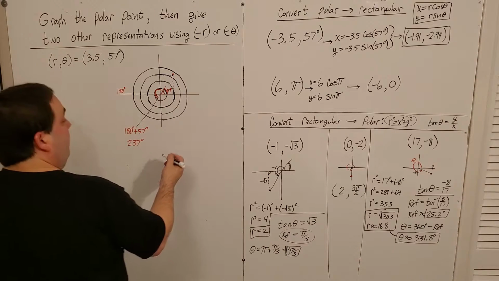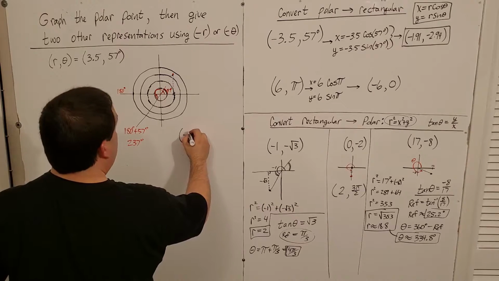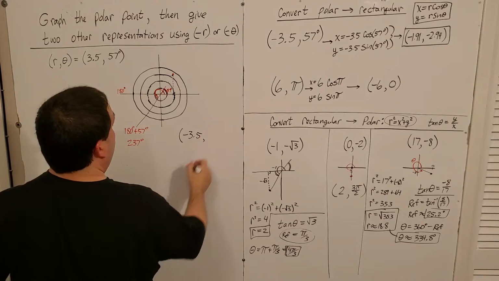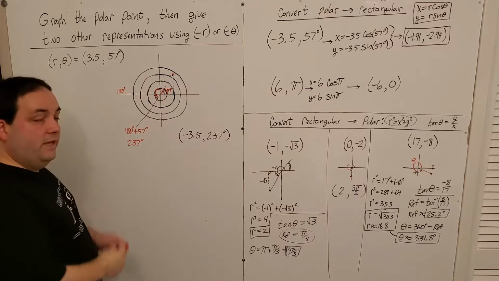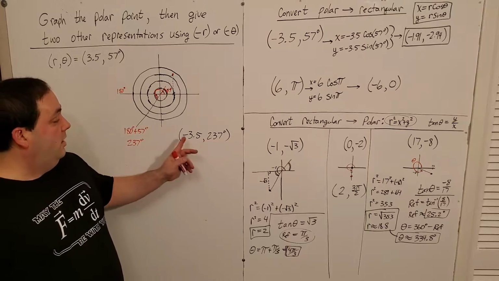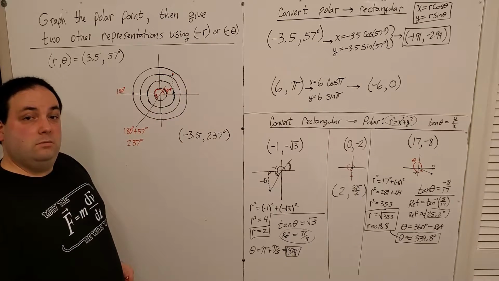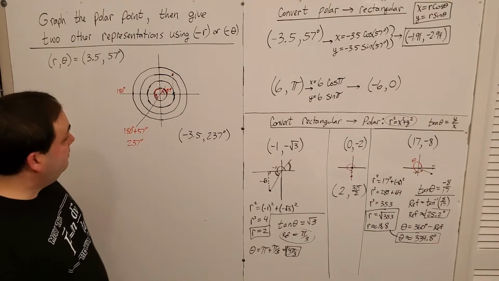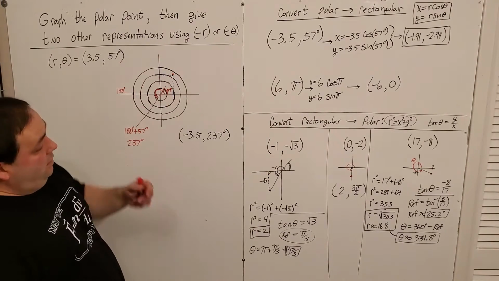So my first new representation is going to be negative 3.5 comma 237 degrees. And don't forget, you can check yourself on this. Put in the r cosine theta and the r sine theta and you'll get the same location, the same coordinates.